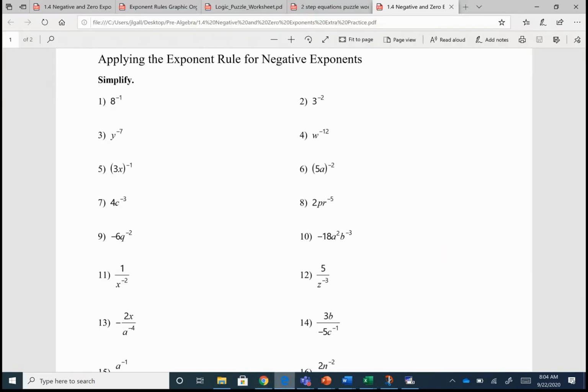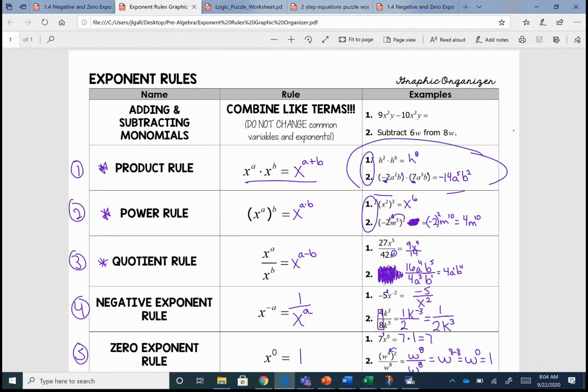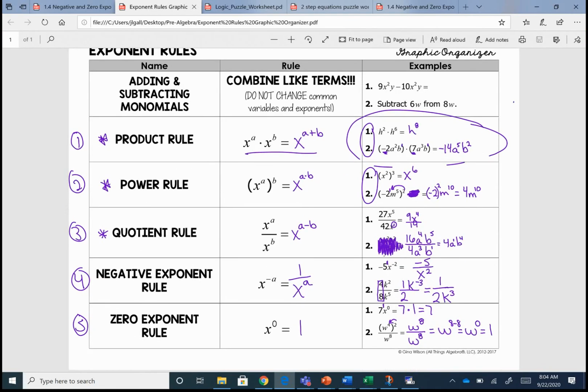Now, I know I'm talking about, hey, guys, get that graphic organizer out. Well, if I don't remember what we did yesterday, I pull out my graphic organizer, and I take a look.